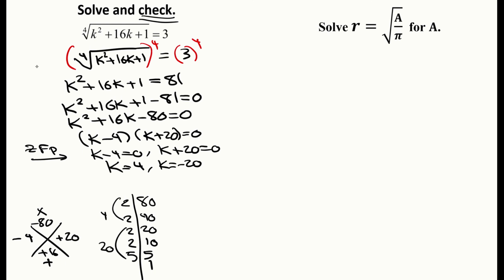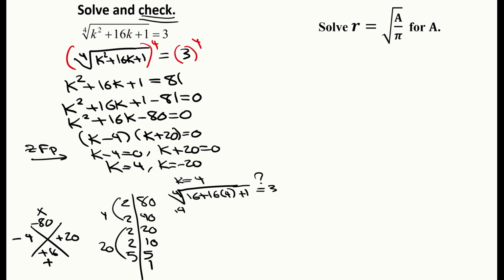Now we're going to check. Let's go ahead and check k equals 4 first. So we're going to the original equation, the fourth root of, we're plugging in 4. So 4 squared is 16 plus 16 times 4 plus 1. We want to know if that equals 3.